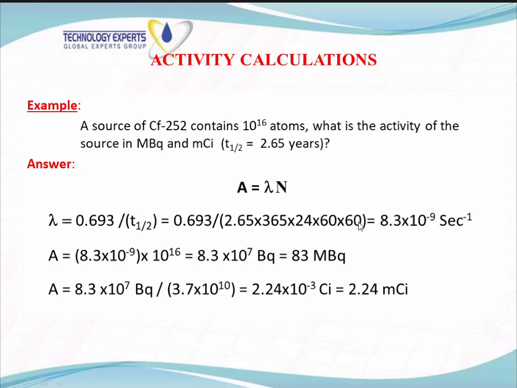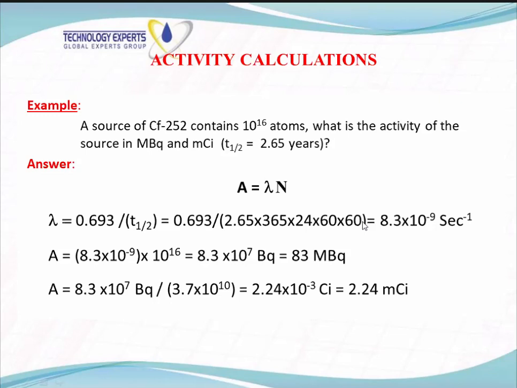This is the number of seconds in 2.65 years: 2.65 times 365 to become days, times 24 to become hours, times 60 to become minutes, times 60 to become seconds. All these are inside the brackets.